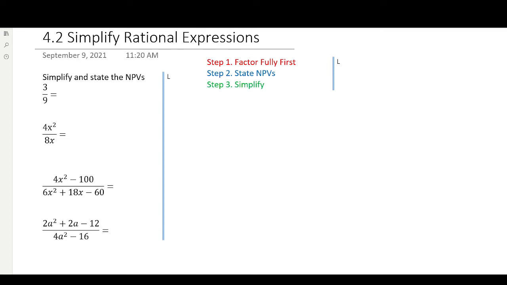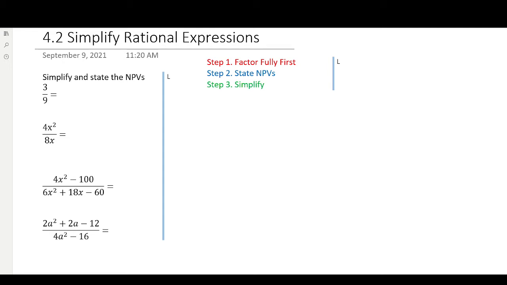So to start with, let's look at the most simple example where we just have some constants, and it's just a fraction. Okay, so 3 over 9. So what you're doing here is you're just trying to simplify, so you're trying to divide by the same number on top and bottom, or another way you could call it is to factor top and bottom, and that's pretty much it.